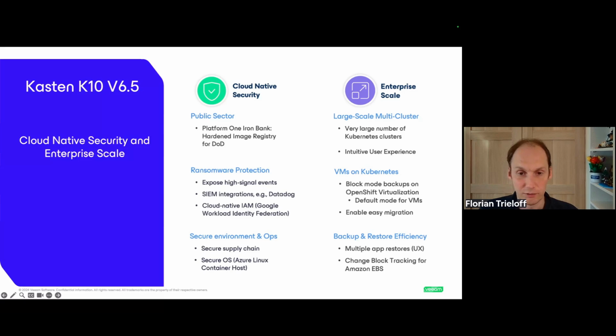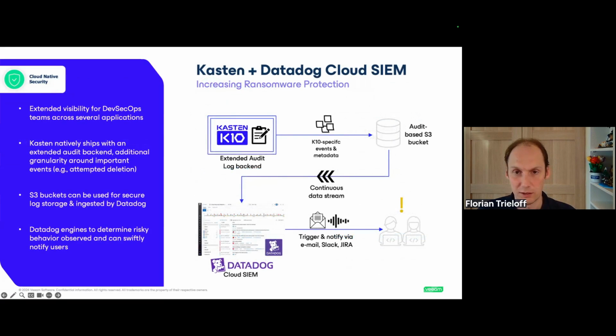And as I said, security is a very, very big topic. I think I already said that we now have integrations with an extended audit log backend, and we can extend the visibility for all the DevSecOps teams across all applications and all data. They can bring all data together.